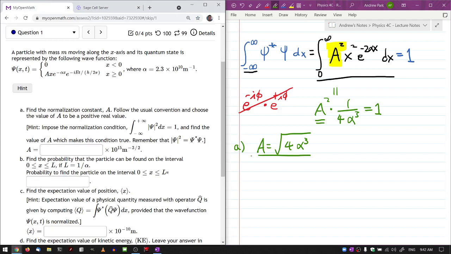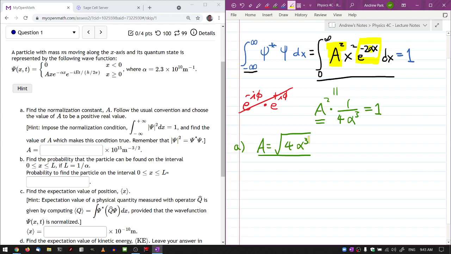And one thing that gives me confidence in the solution is, for this evaluation of the exponential to work out, my a should have unit of inverse meter, so that a times x turns out to be unitless. So a has unit of inverse meter, which means alpha has a unit of inverse meter.